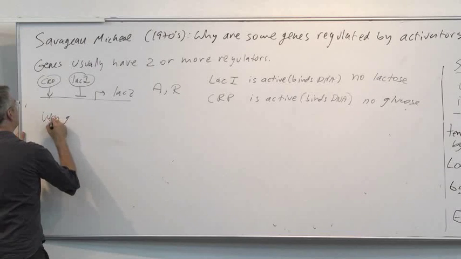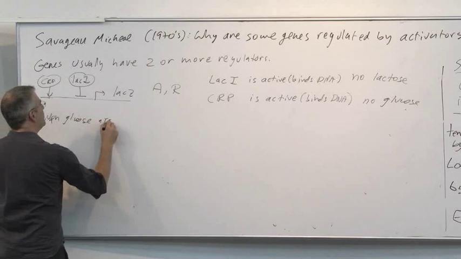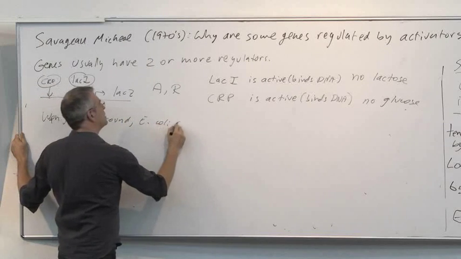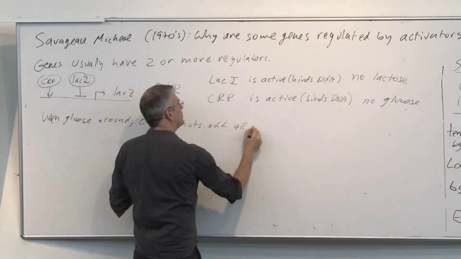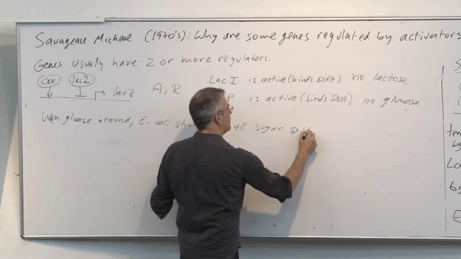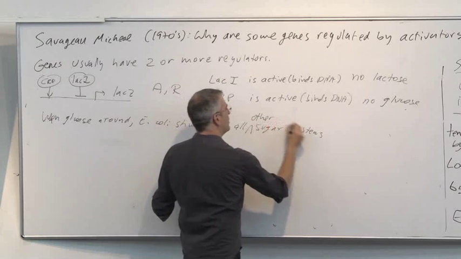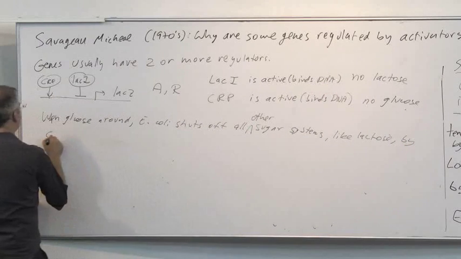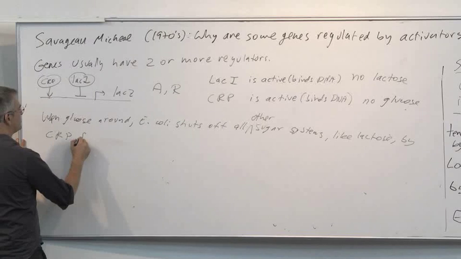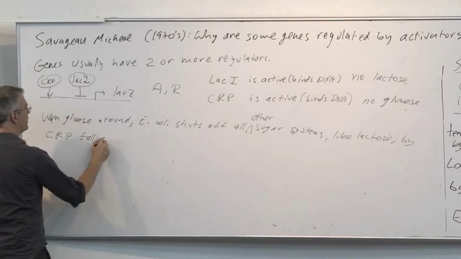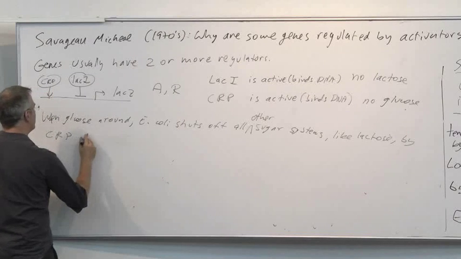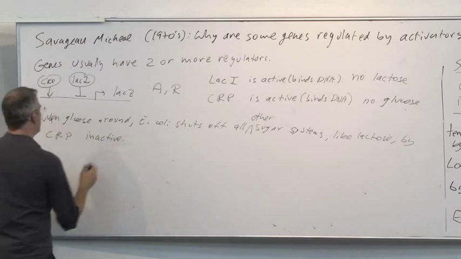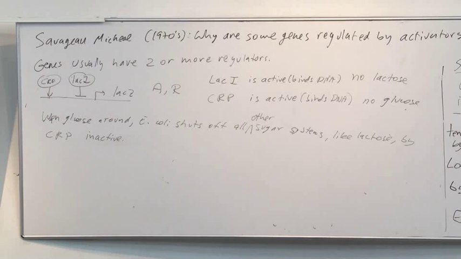When glucose is around, it's so delicious that E. coli shuts off all other sugar systems, like lactose, basically by CRP falling off the DNA, or CRP being inactive. Am I right here with the logic?